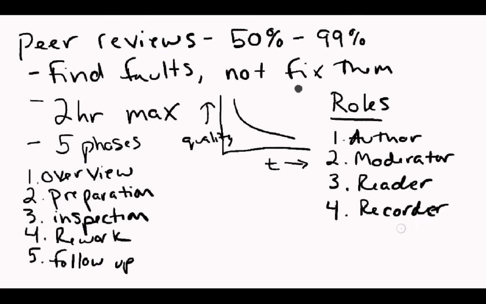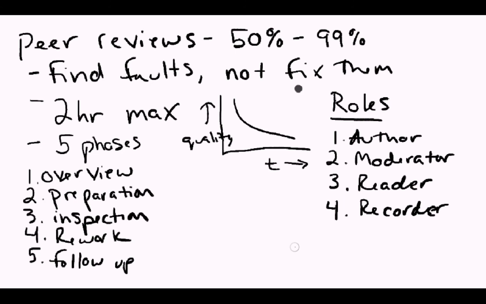The recorder records all the defects. Okay, so either with pen and paper, or there are software tools that can help you record defects. They have to be able to summarize or describe the defect, so that the author will recall what was being talked about in the review.